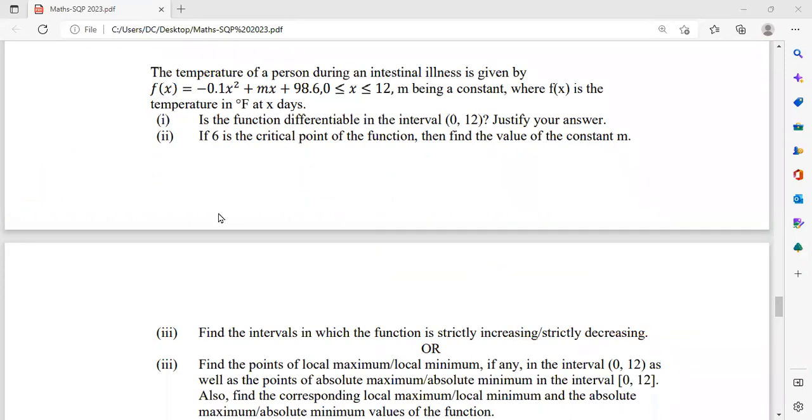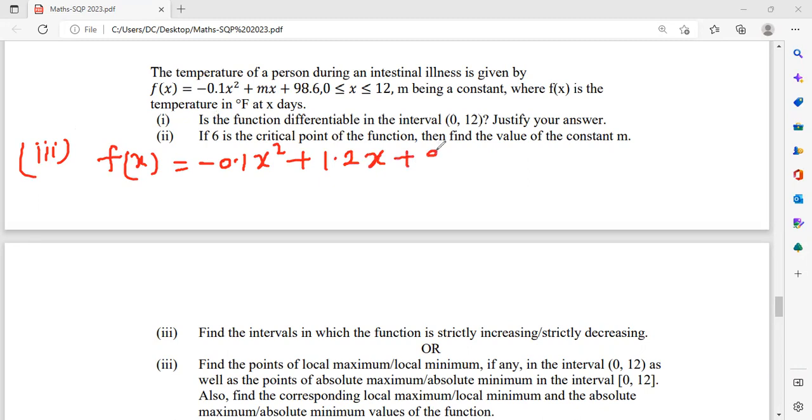In the third part, find the interval in which the function is strictly increasing or decreasing. To answer the third part, let's write our function. f(x) is equal to minus 0.1x² plus, we got the value of m, which is 1.2, x plus 98.6.